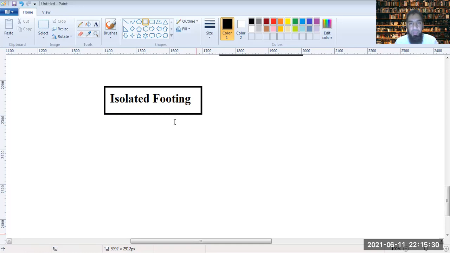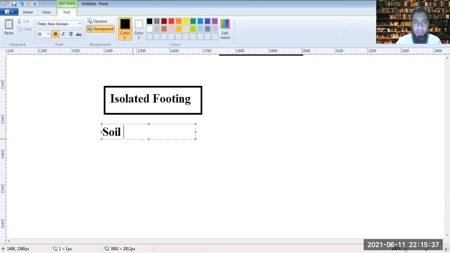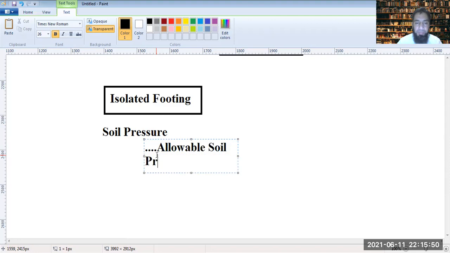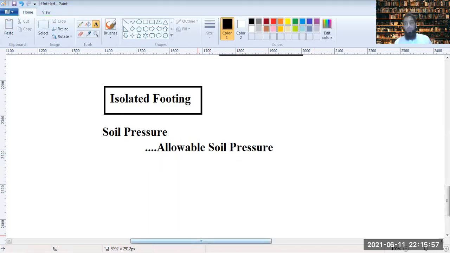In an isolated footing, what is important is the soil pressure, the pressure exerted on the soil, and the amount of allowable soil pressure. When we say allowable soil pressure, what do we mean by it?